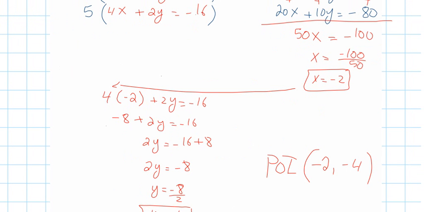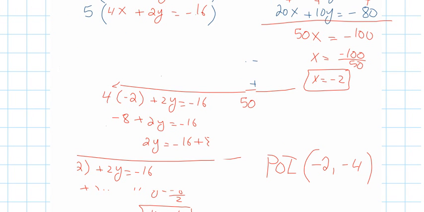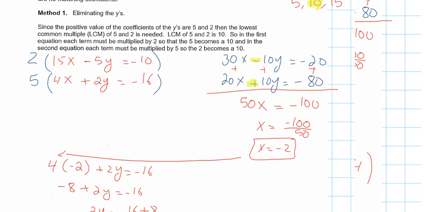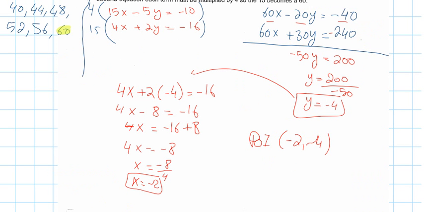Because one is positive and one is negative, I add the equations. Because minus 10 plus 10, they cancel each other. Make sense? Now, if I go to this one right here, both equations have a positive sign in front of it. Because they're both positive, then I have to subtract. Does that make sense to you guys?